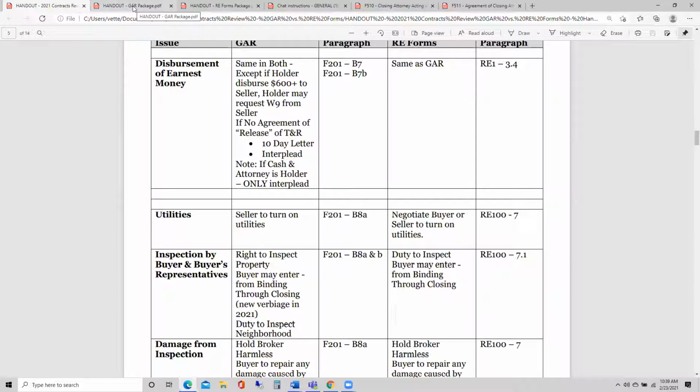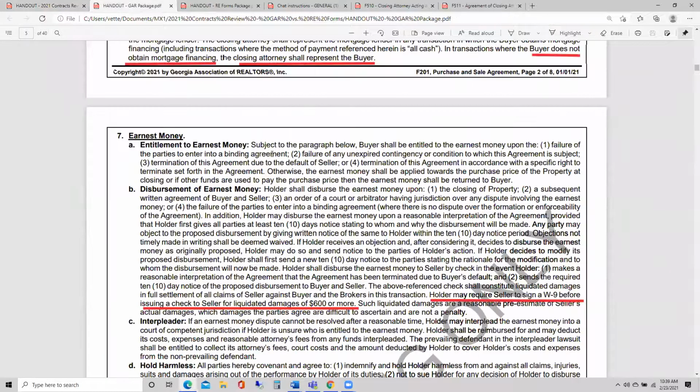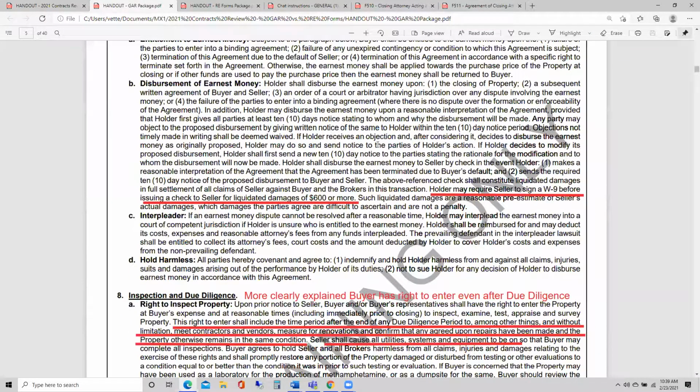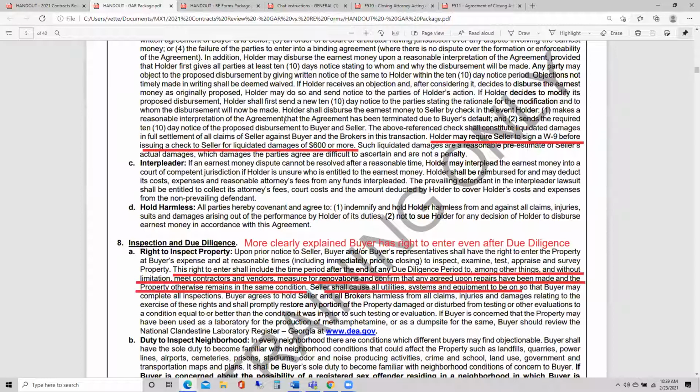In the GAR contract package, where it talks about the disbursement of the earnest money, the GAR contract package states that if the earnest money is going to be dispersed to the seller and those funds are over $600, before the holder disperses those funds to the seller, the holder may require the seller to sign a W-9 form, meaning they're also going to get a 1099 at the end of the year to pay taxes on that money.